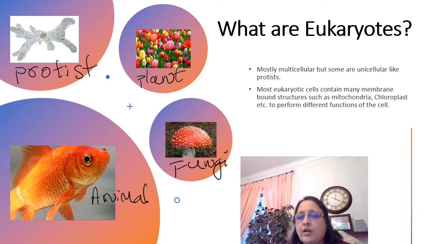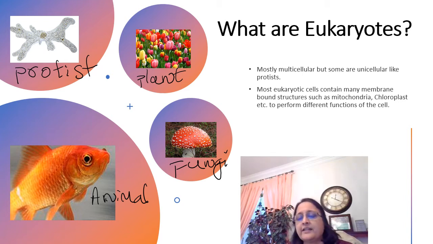Now let's move on to the eukaryotic category. What kind of organisms fall under this one? These are mostly multicellular organisms, but some unicellular ones are also present, like protists. These are generally larger, more complex, and highly specialized compared to prokaryotic cells.